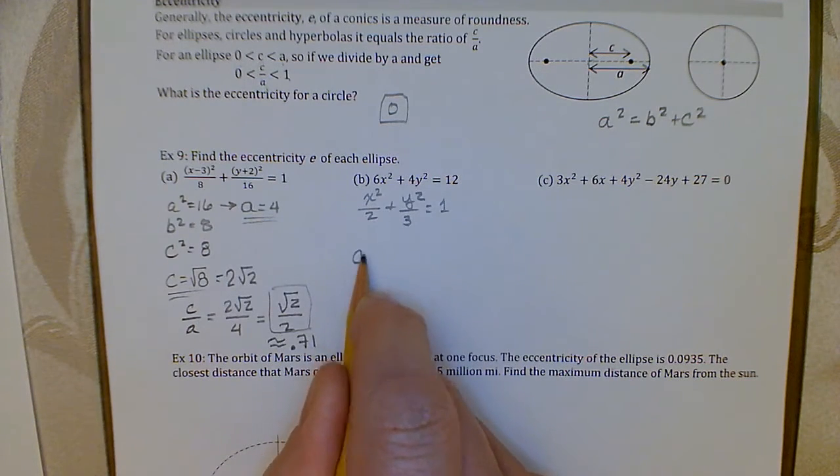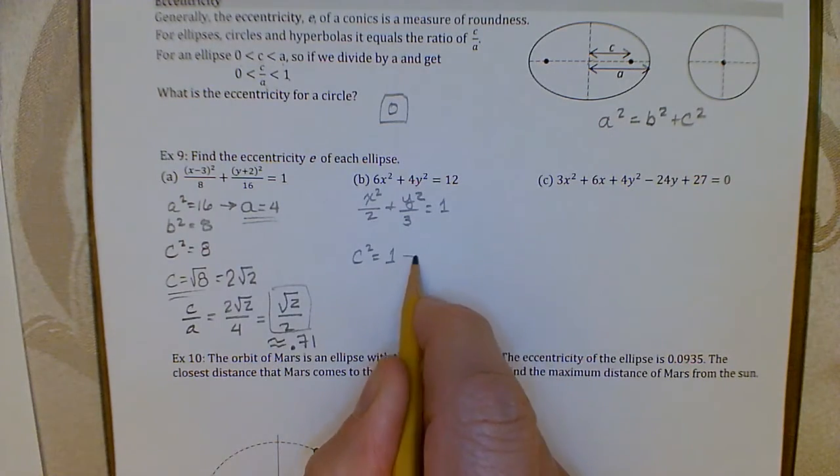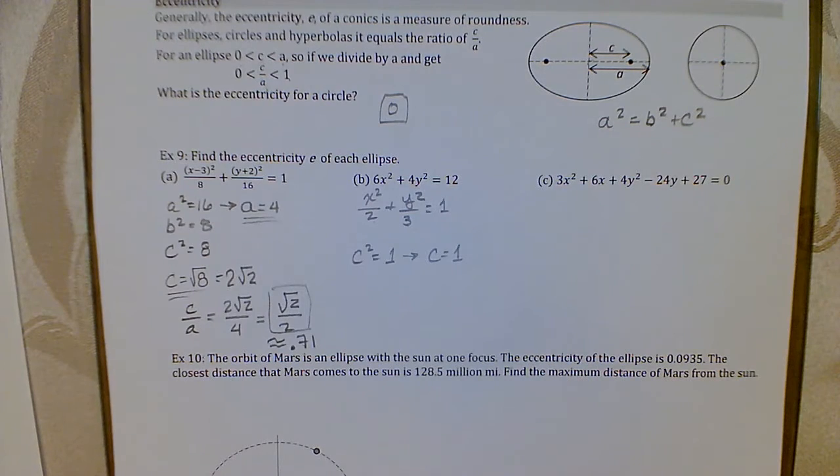And so c squared would be the difference. So c squared is 1, and so, of course, c equals 1. c can only be a positive value. Remember, it's a magnitude. So even though we would take the square root and get plus or minus 1, in this context, it would just be 1.